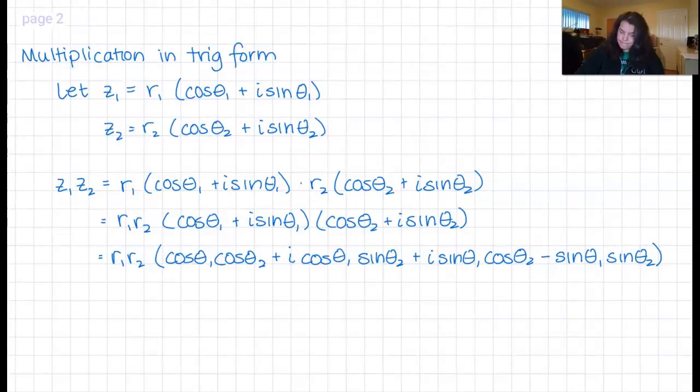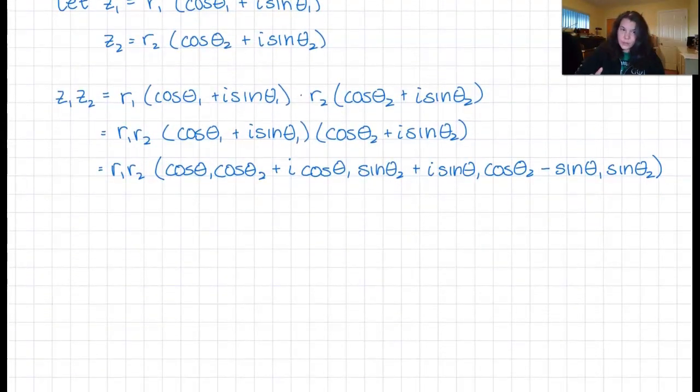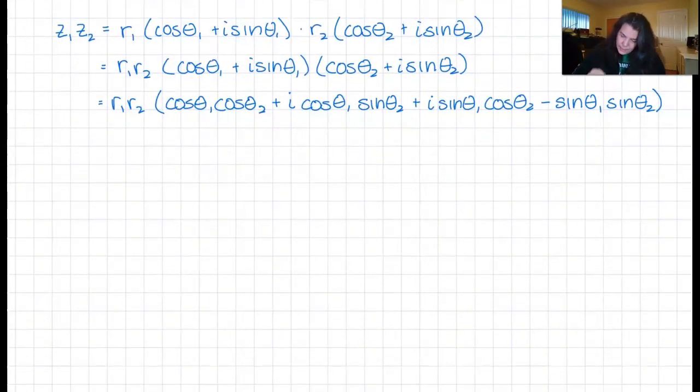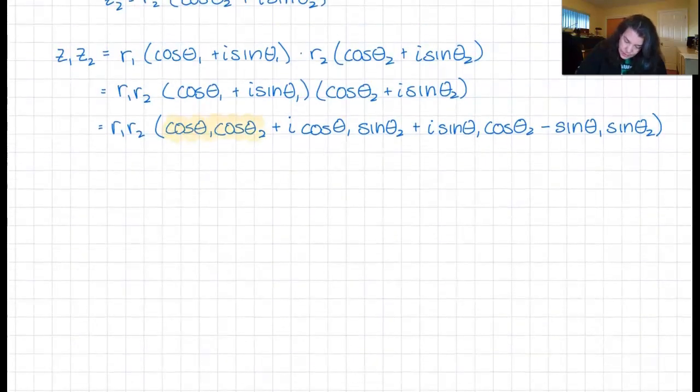Whew. How is this going to help? Trust me, it's going to be wonderful. It's going to be like magic. Okay, so I'm looking at this. The real part is actually going to come from this plus this. So I'm going to group the real part together, and then the imaginary part is going to come from this and this, because they both have the i's in it.